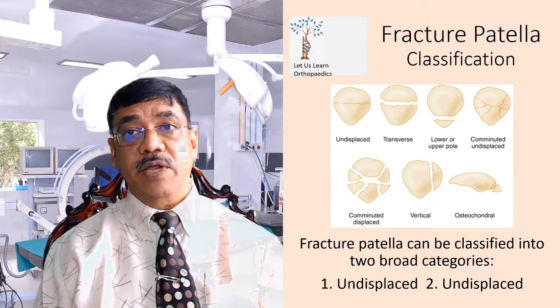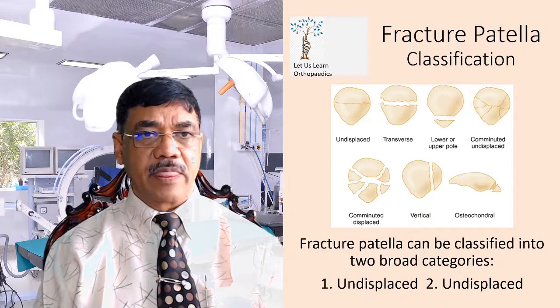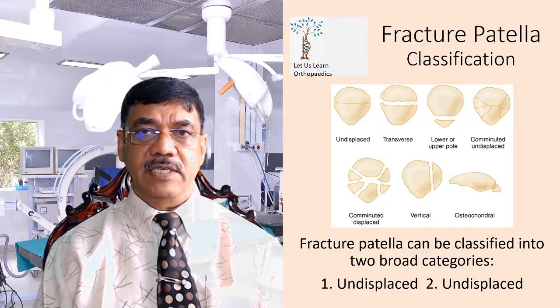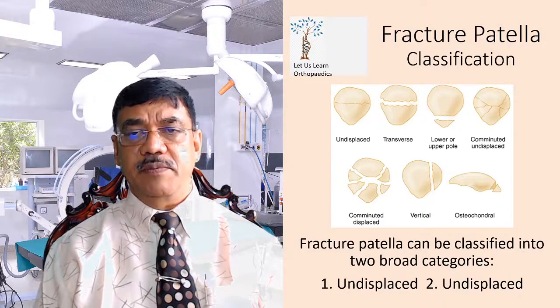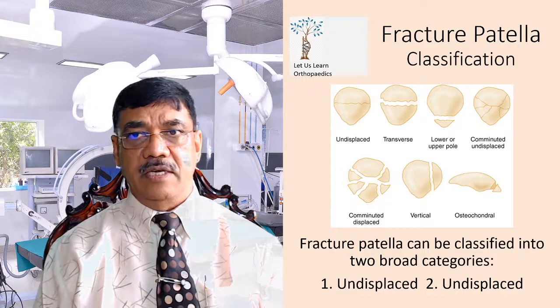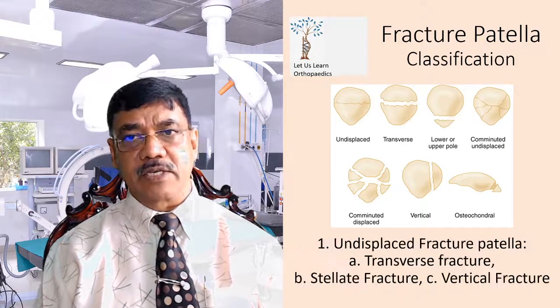The fracture patella is classified into two broad categories: undisplaced fracture, displaced fracture. Now you can see in this particular picture, the first picture is an undisplaced fracture patella transverse, and the fourth picture is undisplaced. Remaining all are displaced fractures.